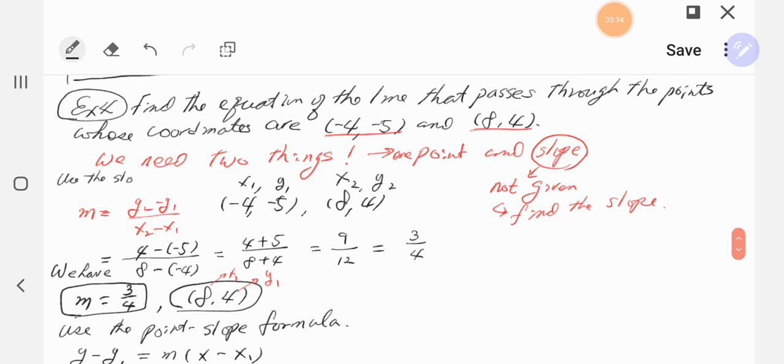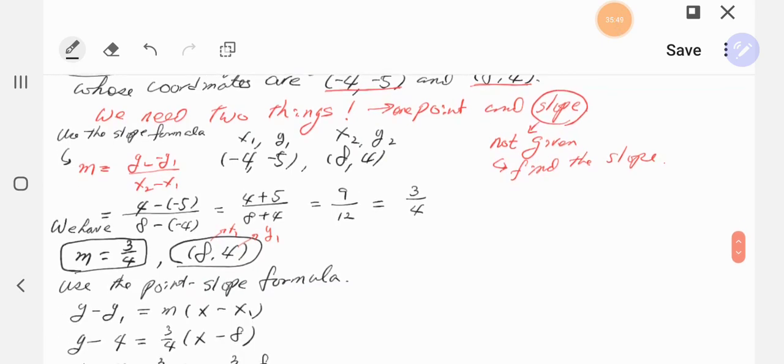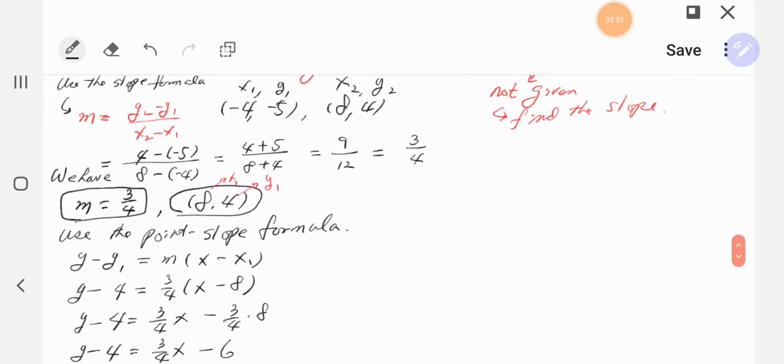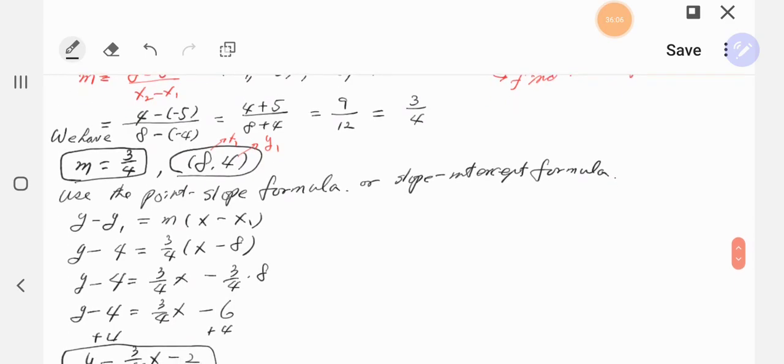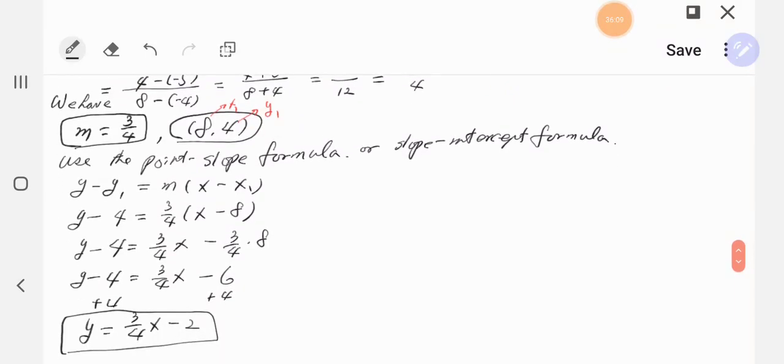What's the slope formula? m equals y2 minus y1 over x2 minus x1. All right. So once you find the slope, then use one of the formulas, your point slope formula or slope intercept formula. In this case, I will use the point slope formula to write an equation.